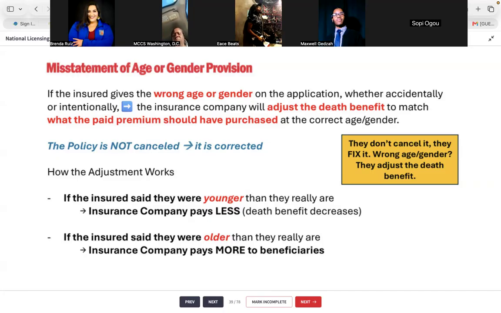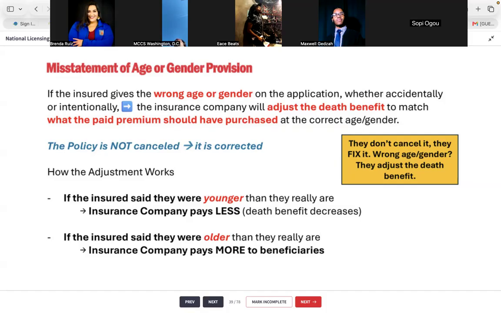If the insured gives the wrong age or the wrong gender on the application, whether accidentally or intentionally, the insurance company is going to adjust the death benefit to match what the premium paid should have purchased. So they'll just change your death benefit based off of how much you're paying, and they'll adjust it based off of your correct age or your correct gender.